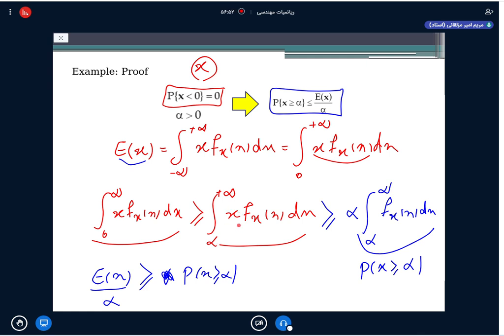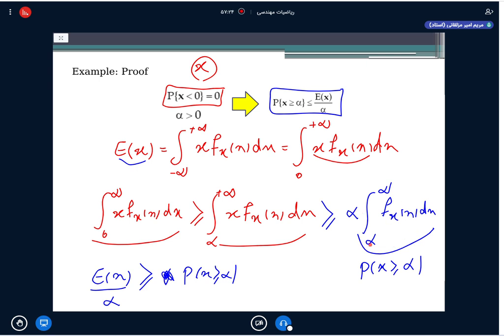If we replace x with alpha, alpha is the smallest value that x has in this interval. It's clear that this integral is greater than this integral where we omit x and replace it with a constant alpha, the smallest value for x in this interval between alpha and positive infinity. So we have this inequality.